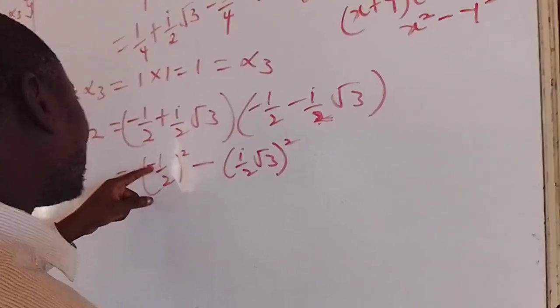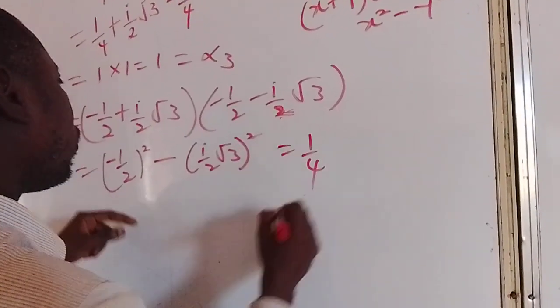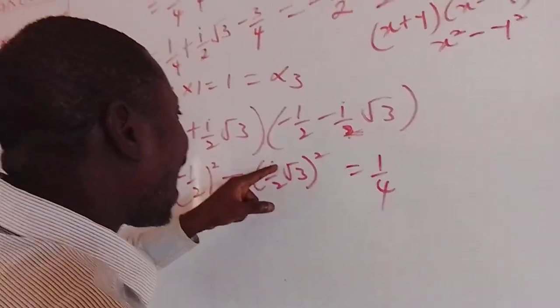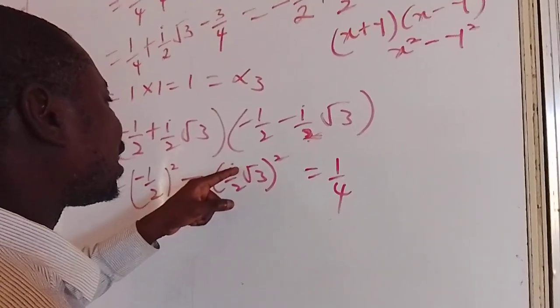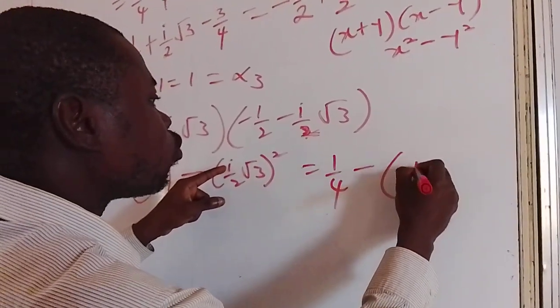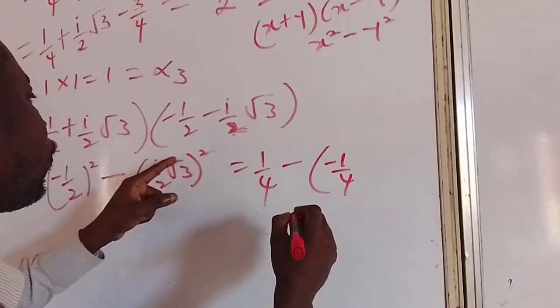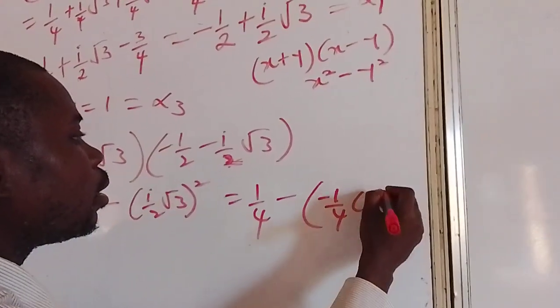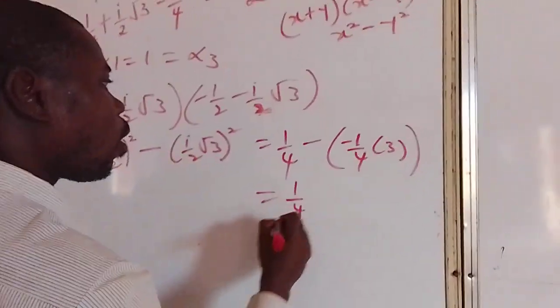So minus 1 over 2 squared will definitely give us 1 over 4. So i raised to power 2 is i squared, and i squared is minus 1. So that is minus 1. So this minus into minus 1, then the square of 2 is what? That is 4. The square of root 3 is 3. So let's put them together. I'm having 1 over 4.